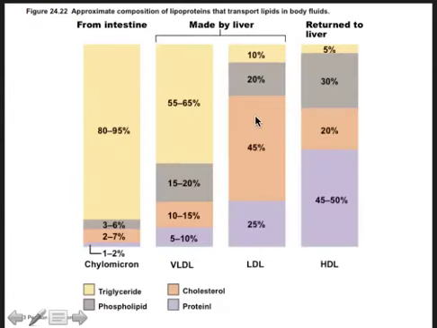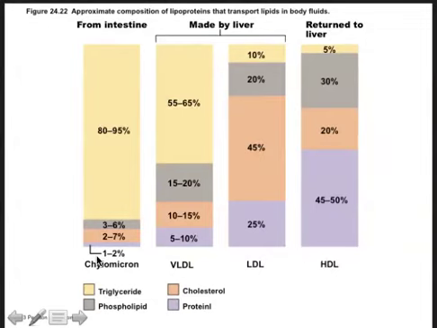And here you can see the different components of the different types of cholesterol. There's the chylomicrons, the VLDLs, and the LDLs. These are all what we consider to be quote-unquote bad cholesterol.